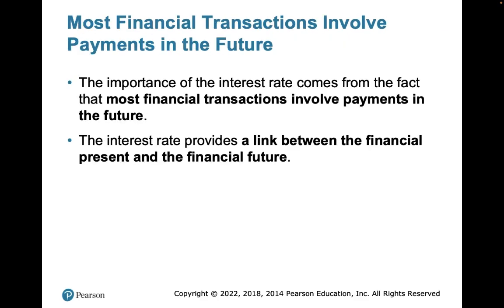So the interest rate provides a link between the financial present and the financial future, which talks about the compensation for waiting a period of time before you get the loan back, and the person that has the loan also has to pay for the use of the loan for the period of time the loan is unpaid.